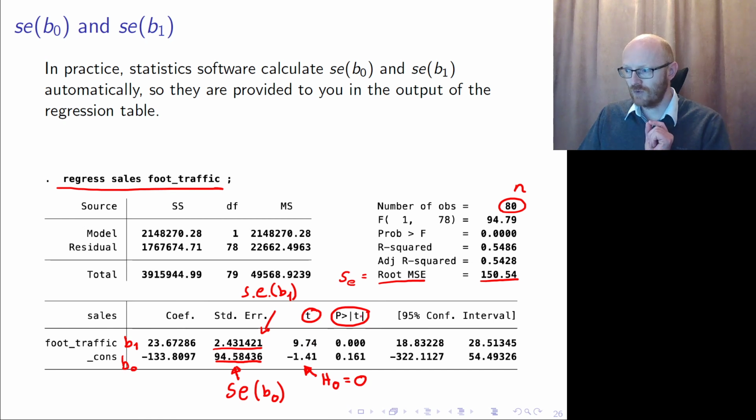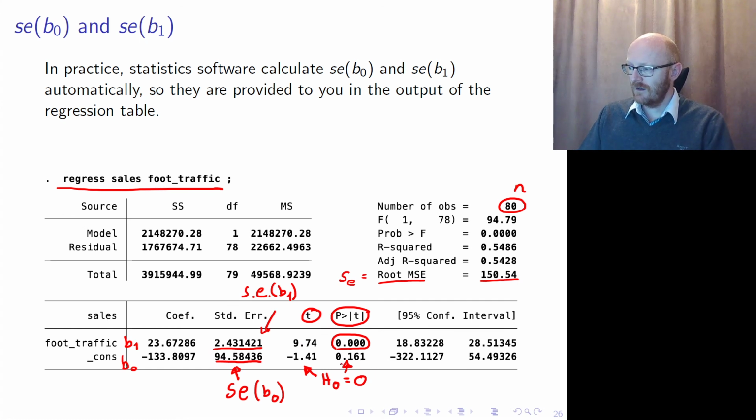It means the probability of getting a coefficient further away from zero by chance is really small for this slope, okay?